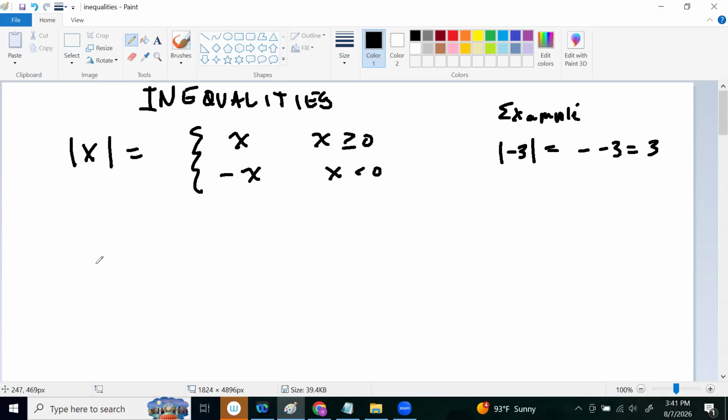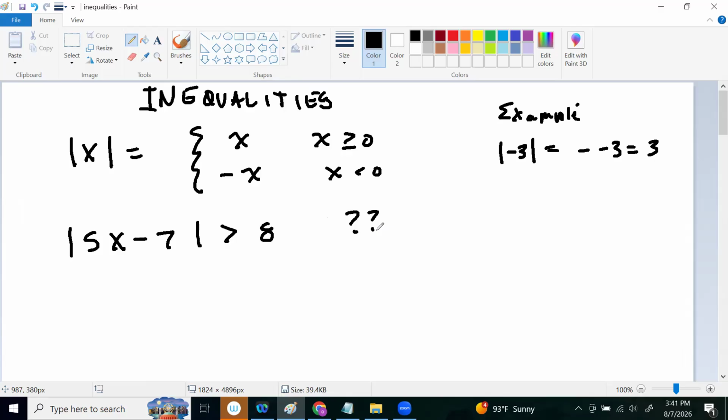So the question is, using this, how do you solve an inequality that looks something like this? The absolute value of 5x minus 7 is greater than, let's say, 8. So how do we solve that inequality algebraically?